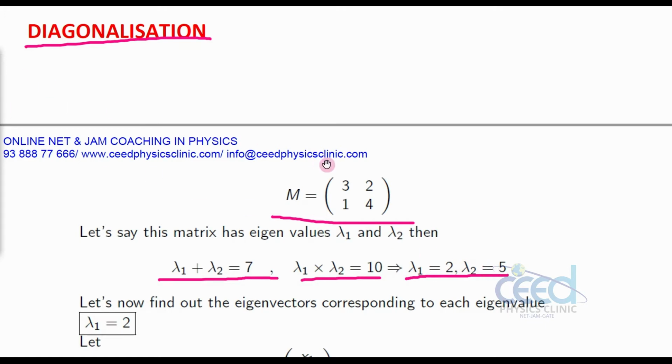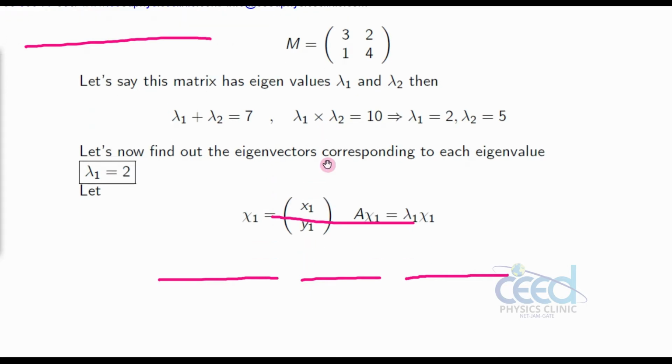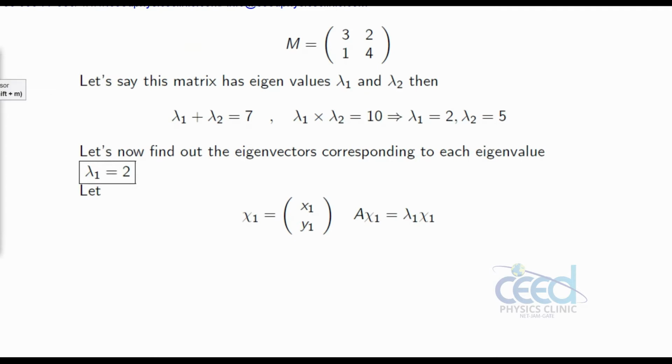Once you get the eigenvalues, we can find out the eigenvectors. We can find eigenvectors from our basic formula, that is the characteristic equation, which we have already discussed. That is (A minus lambda I) x, more precisely x cap, equal to 0.